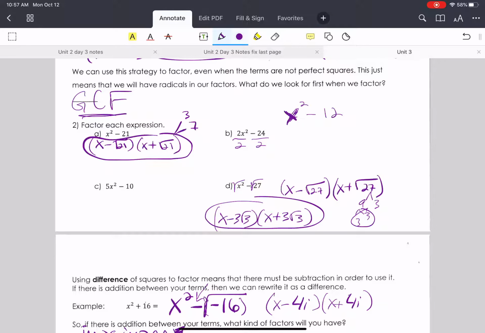I have a binomial, right? And there's a negative in the middle, right? Everybody see that? I have a binomial with a quadratic with a negative in the middle. Okay? So then I have x minus the square root of 12 and x plus the square root of 12.